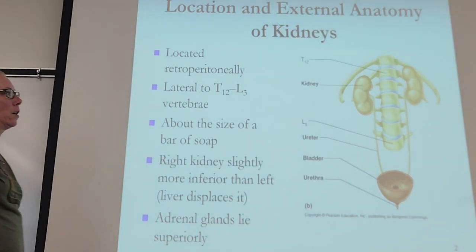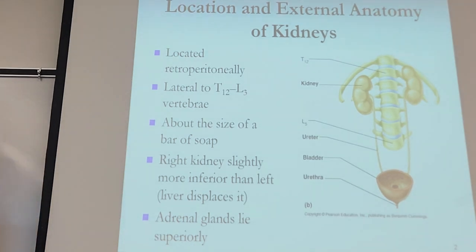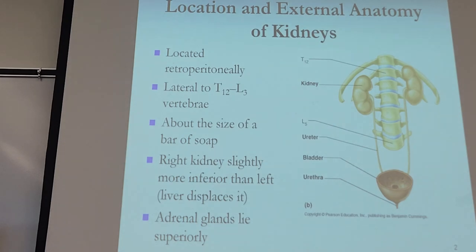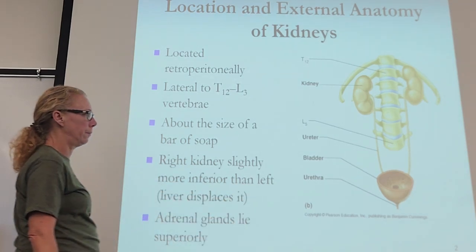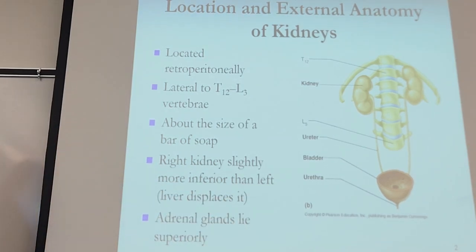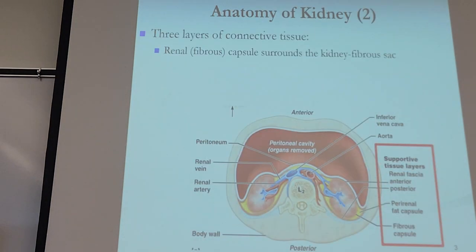So, basic anatomy. Kidneys we know already: retroperitoneal, so they're behind the peritoneal membrane. Each one's about the size of a bar of soap, just FYI. The right one is slightly inferior because of the liver, and we know that the adrenal glands live right on top of them. That's why they're called the suprarenal glands. So nothing new there.